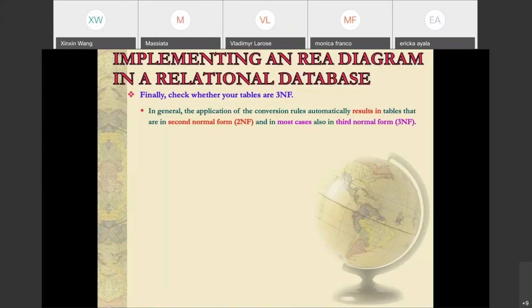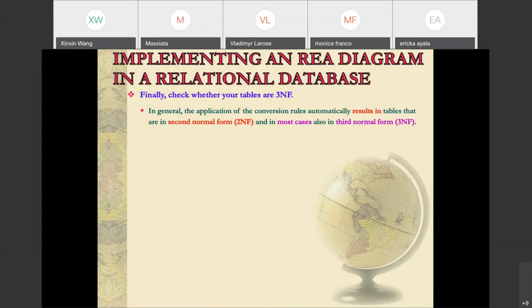So finally, what you should do is check if your tables are in third normal form, right? In general, application of this conversion can automatically result in the second normal form. And in most cases, it can also result in the third normal form. But you have to double check.